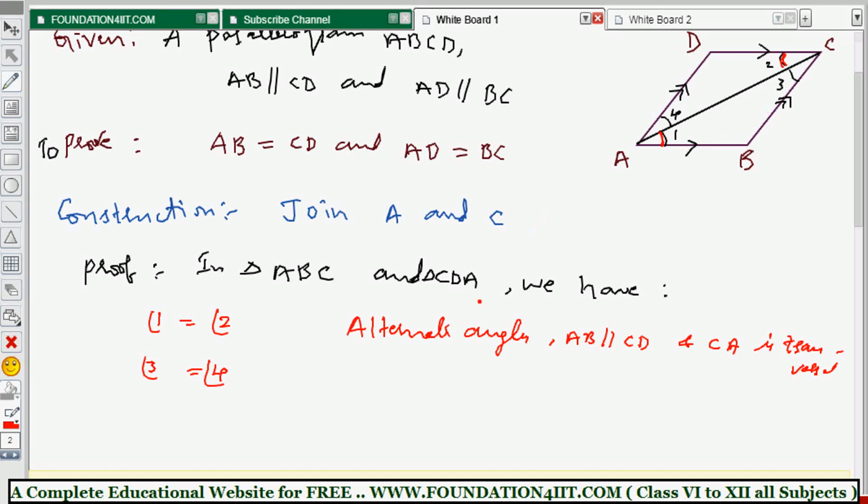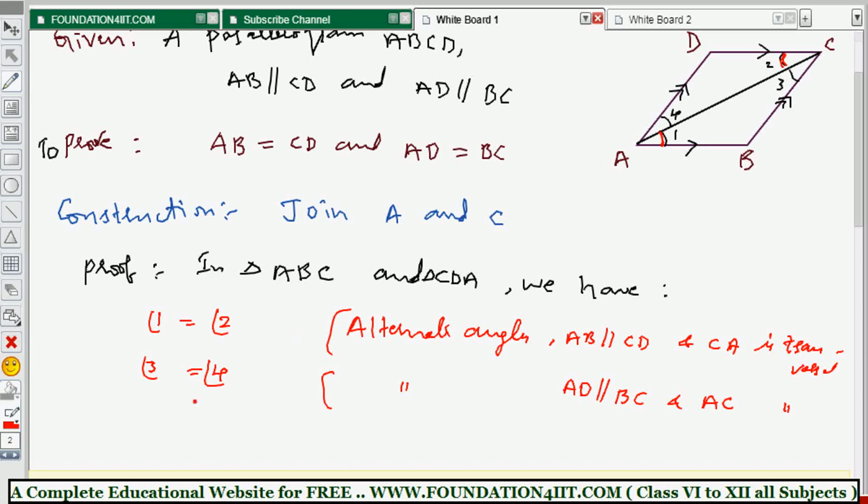This 3 and 4 are also alternate angles, but here AD is parallel to BC. So alternate angles: AD is parallel to BC, and the same AC is a transversal. AC or CA, this is a transversal, right?